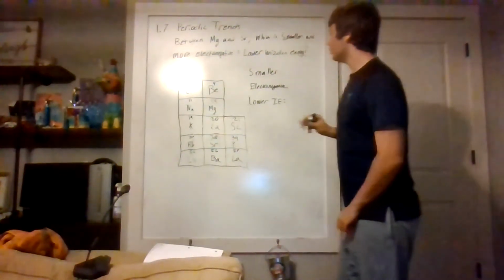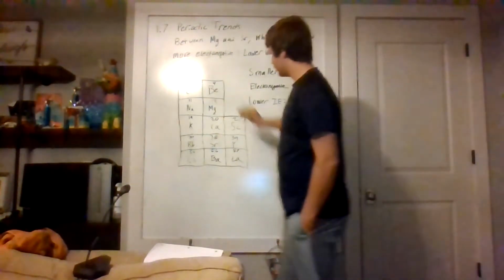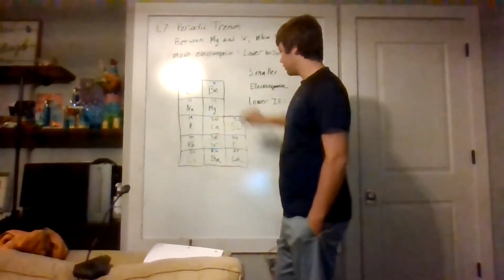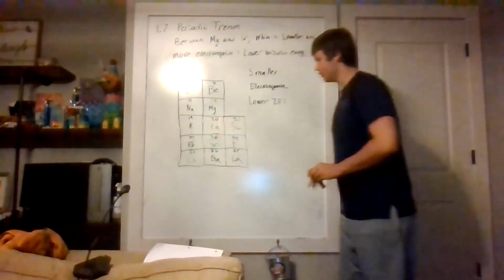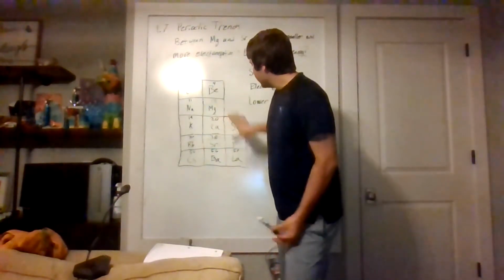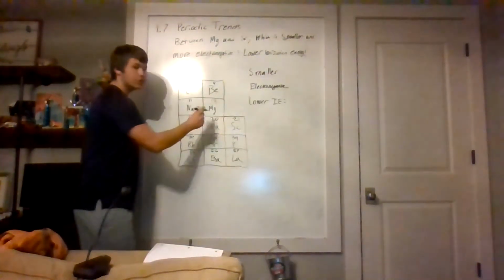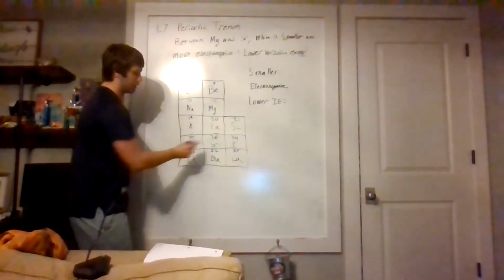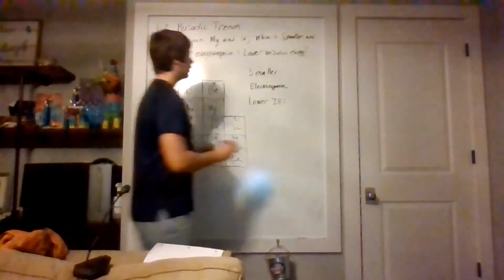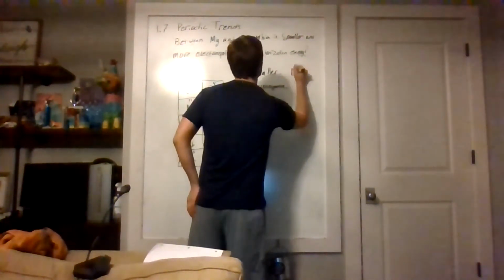So in this case, since they're both in the same position on the x-axis, on the y-axis they are different. Looking at it like this, we can see that Mg is smaller because it has fewer energy levels than strontium. So our smaller would be Mg.